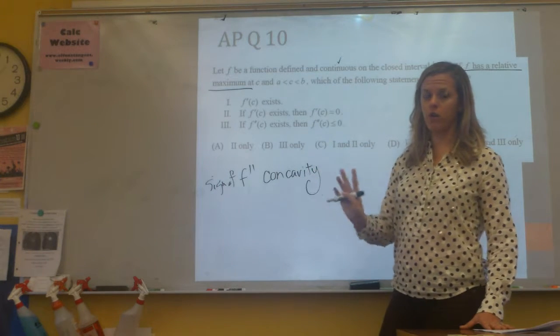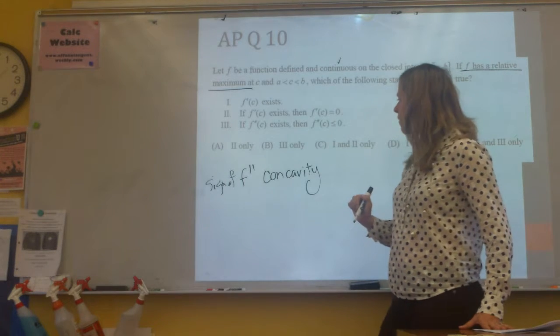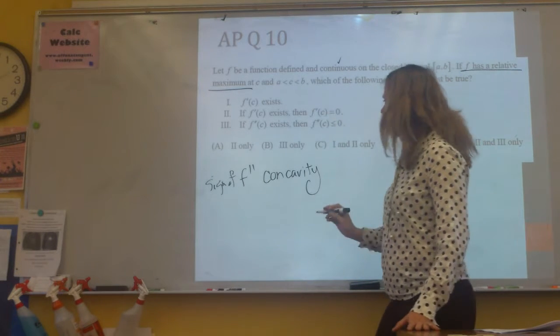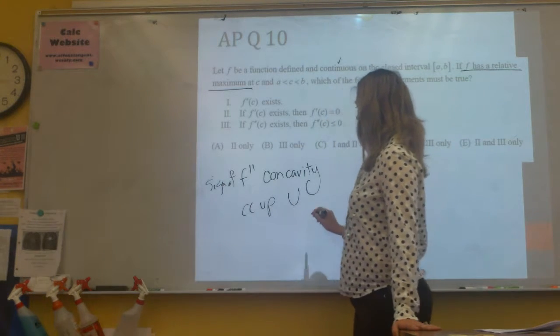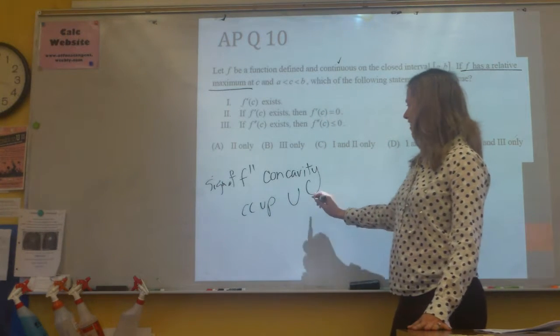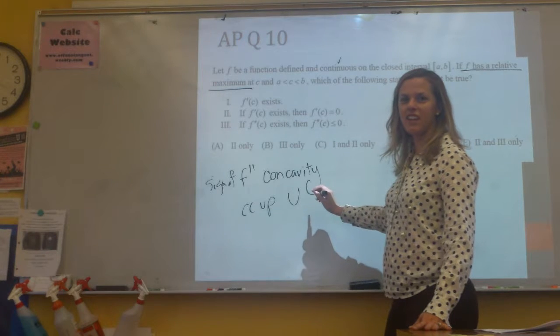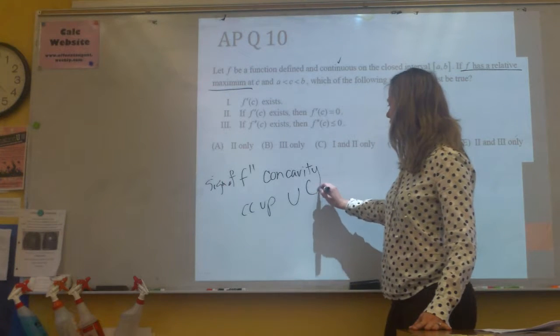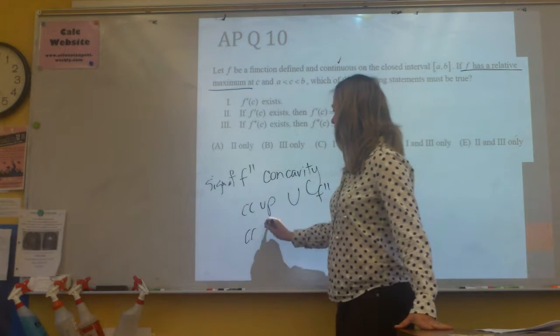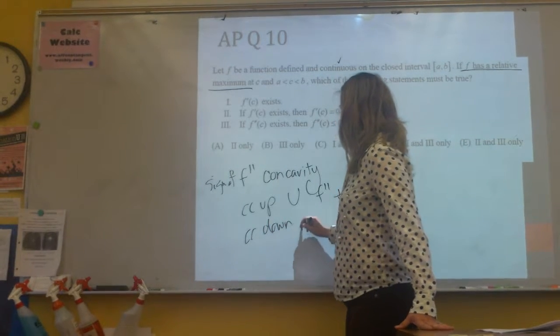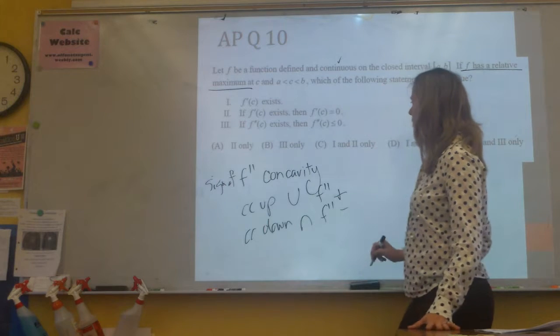This is really 3.4, not 3.3, but this is like a little preview. Remember, concave up is like this, and f double prime is positive, and concave down is like this, and f double prime is negative.